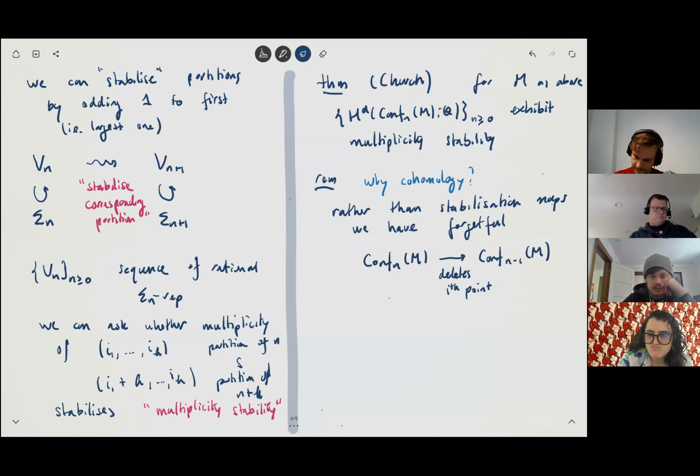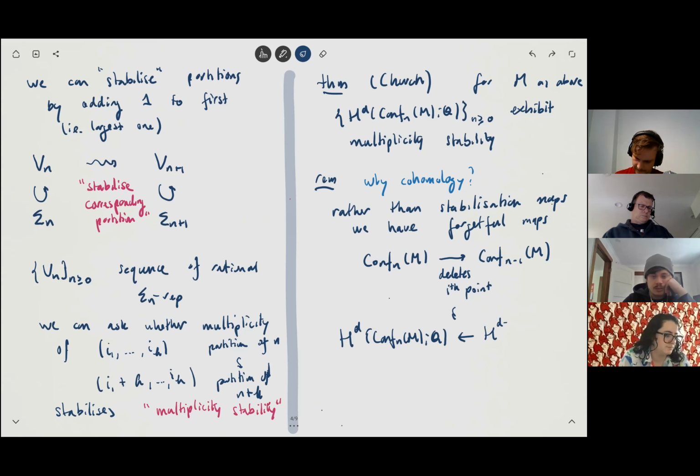And on cohomology, we get maps going the other way. Which, first of all, maybe more resemble the stabilization maps you're used to, which increase the number of particles.